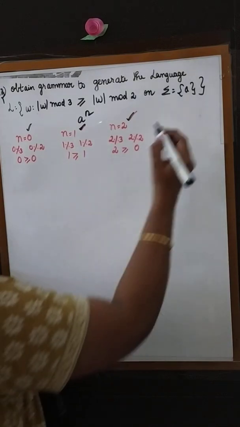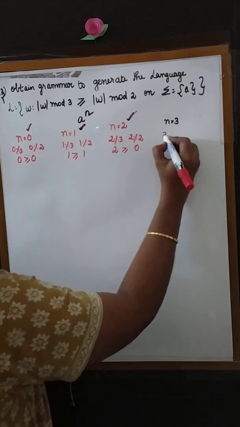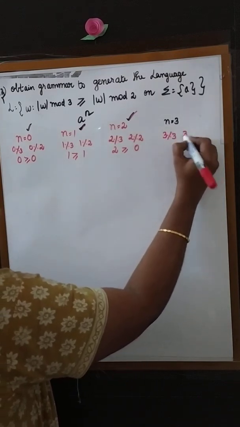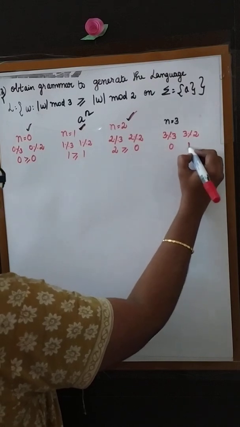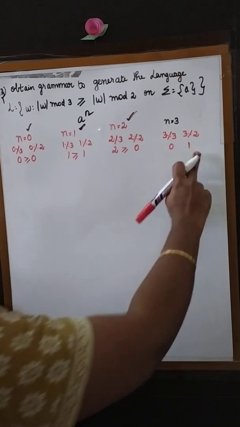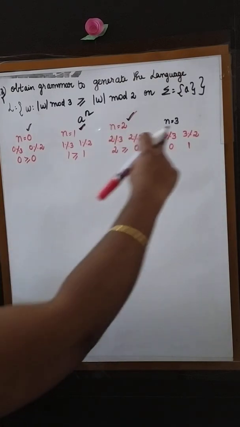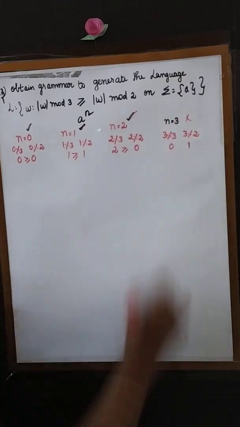Next, I'm going to take my n as 3. So when my n is 3, 3 modulo 3, 3 modulo 2. It will be 0 here and 1 here. So this is less than this 1, right? So you cannot take my n equal to 3. We cannot take this part. Put one cross mark.